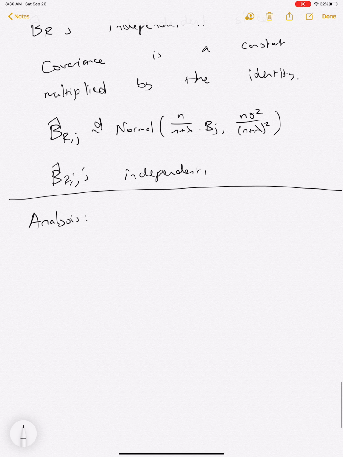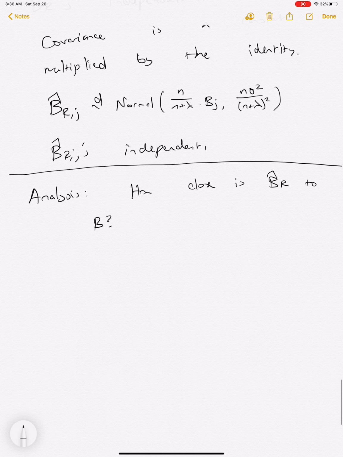So just going back to analysis, how close is B hat R to B? We're again going to use one metric here, which is similar to what we've seen before, which is the expected value of B hat R minus B squared.